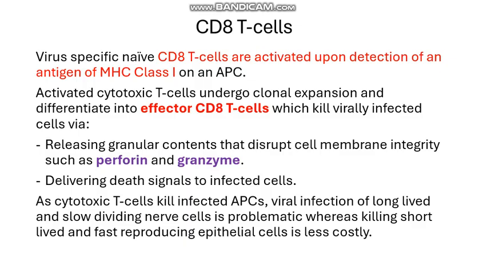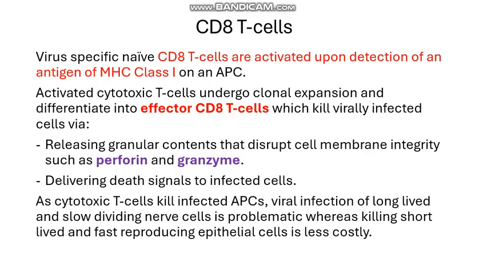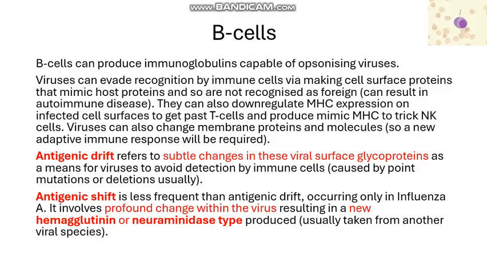Because cytotoxic T cells actually kill antigen-presenting cells, viral infection of slow reproducing nerve cells are going to be a lot more problematic than short-lived and abundant epithelial cells.